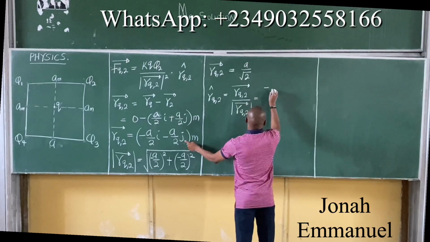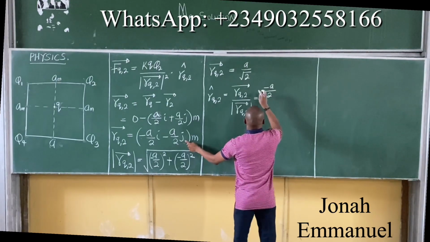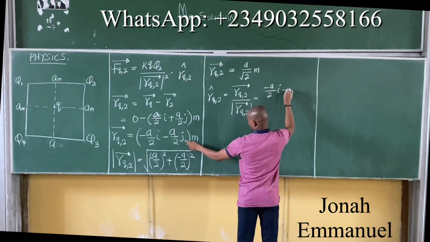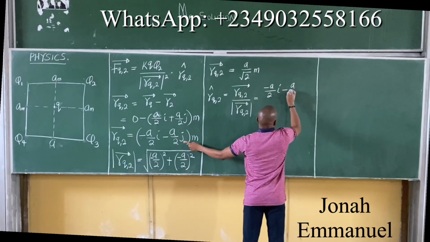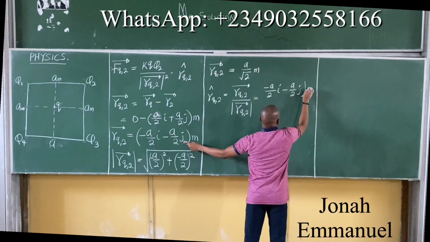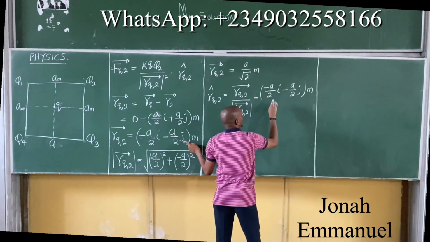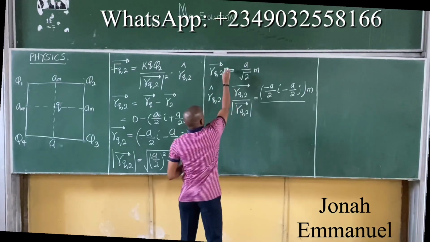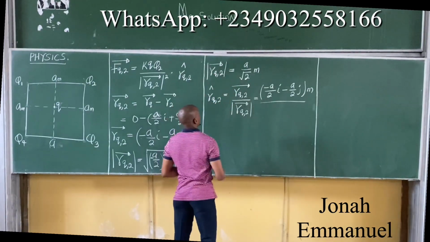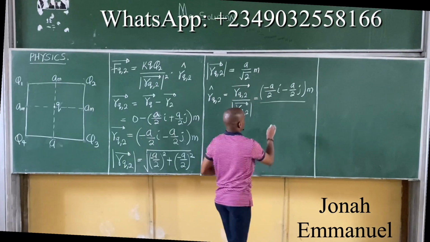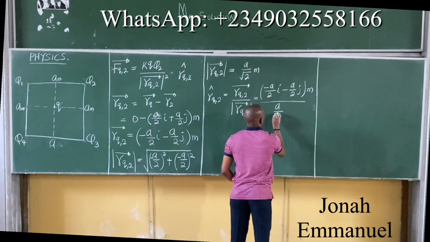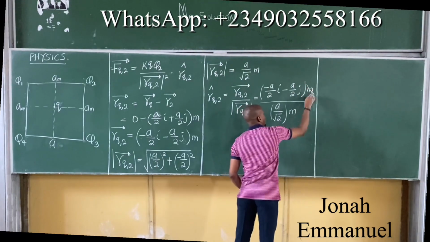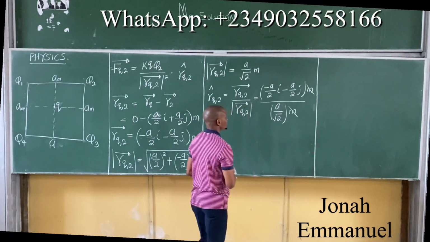That becomes minus a over 2 i minus a over 2 j, all in meters. I have this. This one divides the magnitude, sorry, this was magnitude, that's this, right. Divides magnitude a all over root 2 in meters too. So this cancels this and it's off.